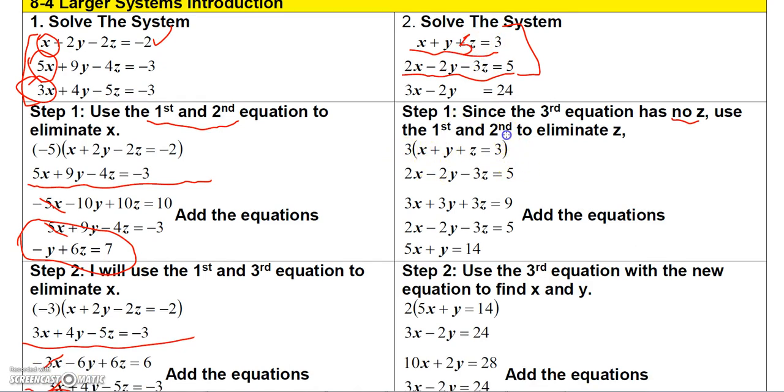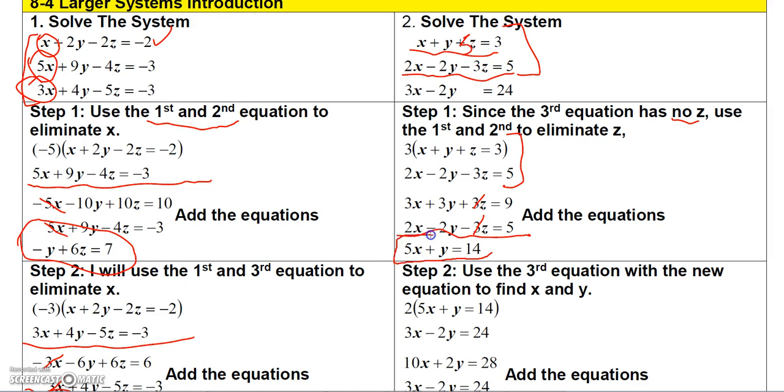I'm going to multiply everything in the first equation by 3, and I get 3x plus 3y plus 3z equals 9, and then just bring my second equation down here, and then I can add these two equations together. 3x plus 2x is 5x, 3y plus negative 2y is y, and then the z's cancel. 3z minus 3z is 0, and 9 plus 5 is 14.